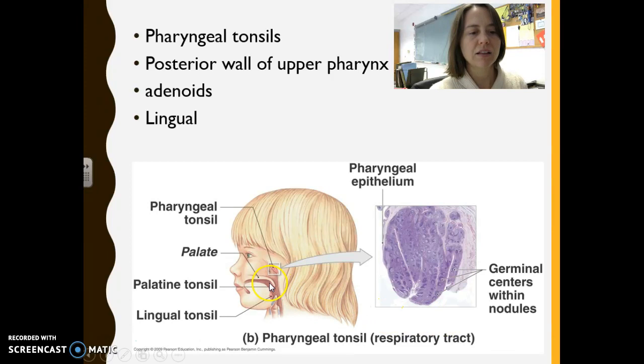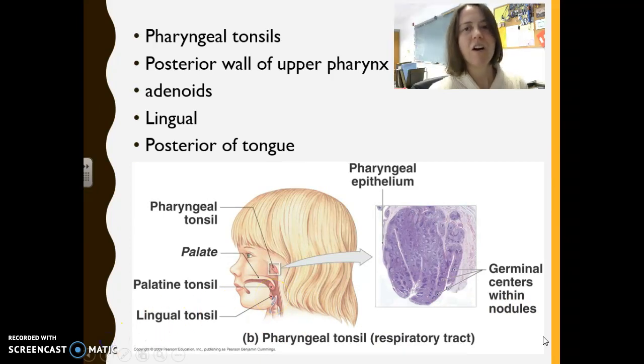So your palatine tonsils are here, your pharyngeal tonsils are up here, and the lingual tonsils are right there, and they are posterior to the tongue. And as I said, all of these sets of tonsils are masses of lymphoid tissue that will attack pathogens that come in what you breathe or swallow.